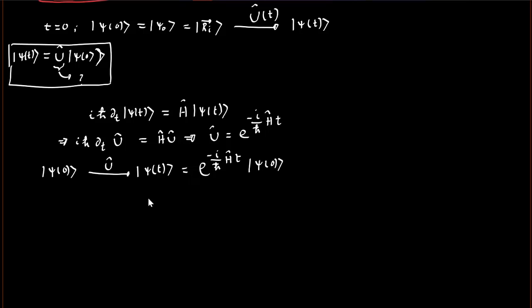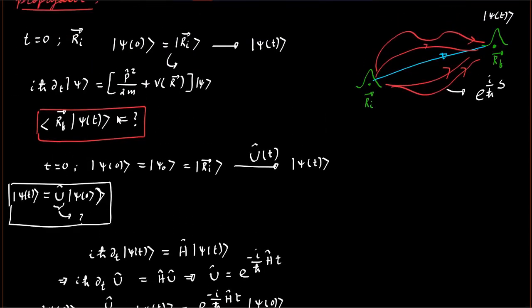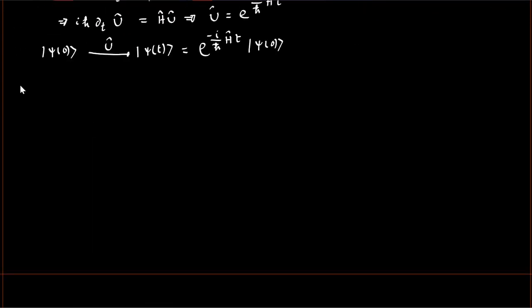Okay, now we actually want to find out these equations. Now we have the information about this term. So if you put this term, I can write this term now like this: r f, exponential minus i by h cross H t, into this state.